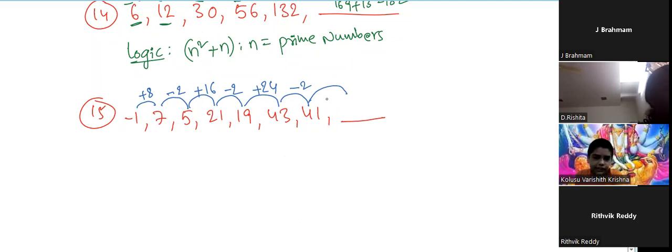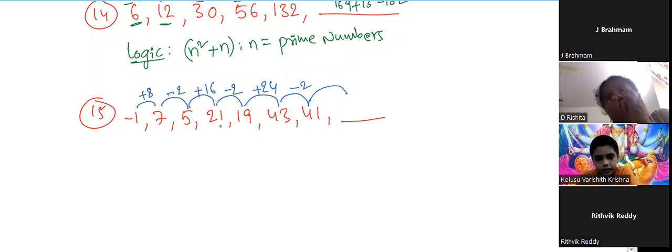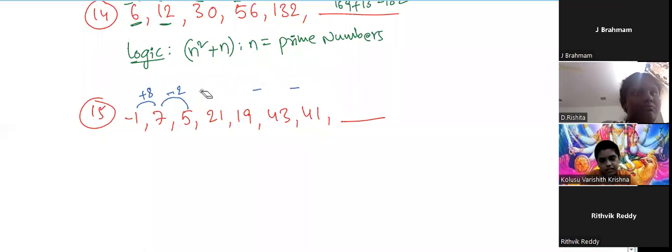First it is 8 and after that 16, after that 24. Yes. Okay, wait. Minus 2 is common. Other than minus 2, the remaining numbers are 8, 8 2s are 16, 8 3s are 24, 8 4s are 32. Actually, this is not my idea behind giving this question. We'll see this type of tactics later. Okay.